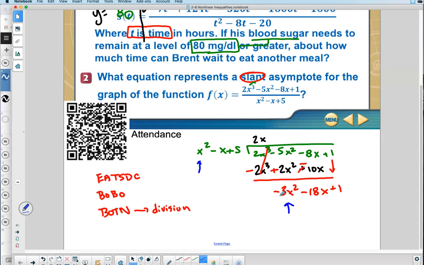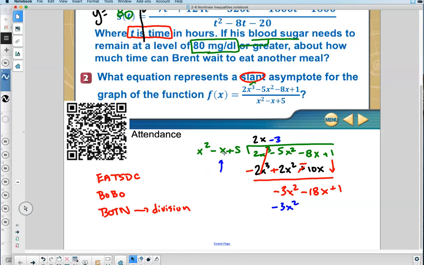Let's see, x squared times negative 3 gives me negative 3x squared. Do we agree or disagree with that? X squared times what gives me negative 3x squared? Negative 3. I agree, it's negative 3. So if I multiply by negative 3, x squared times negative 3 is negative 3x squared.